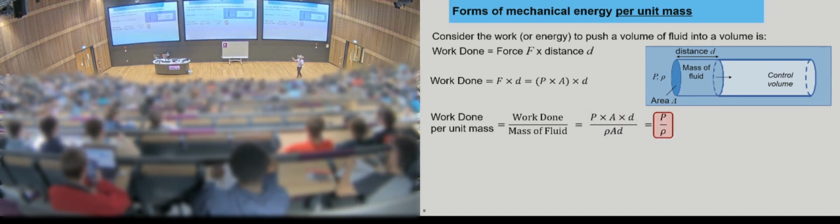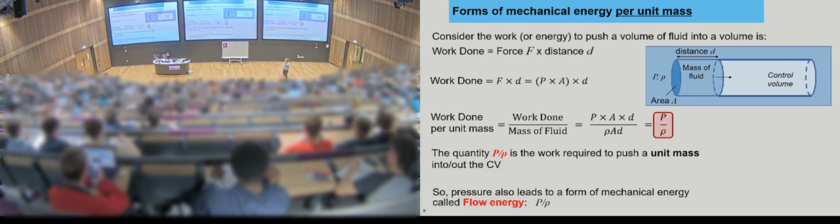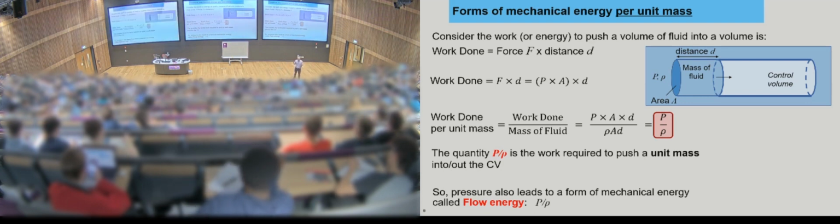So we have this nice P upon rho, pressure upon density. And this is what we call the flow energy. All right? So this is what we call the flow energy. P upon rho is the work required to push a unit mass into or out of that control volume.